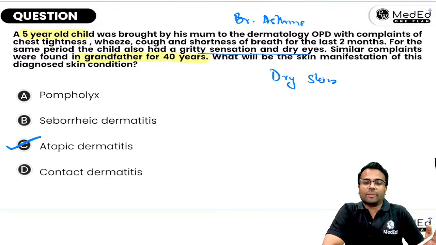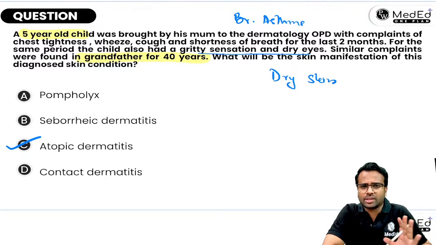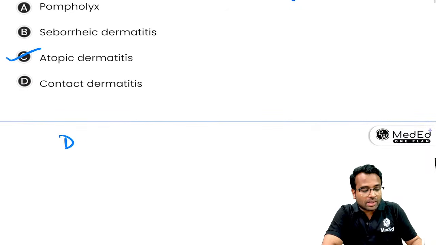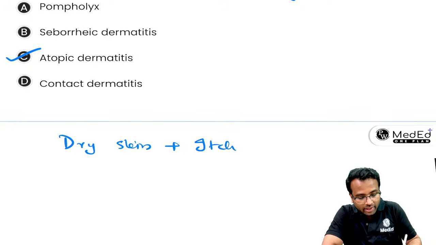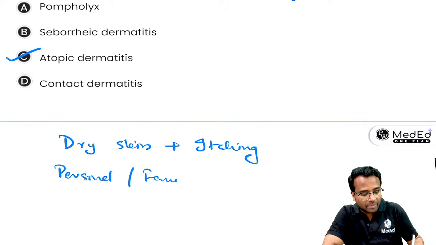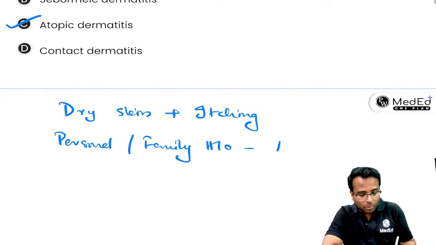So please remember, atopic dermatitis is a very frequently repeated topic. Atopic dermatitis always presents with dry skin along with severe itching, and there is always going to be a personal or a family history of atopy.